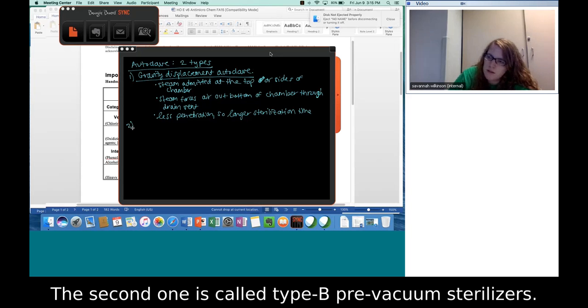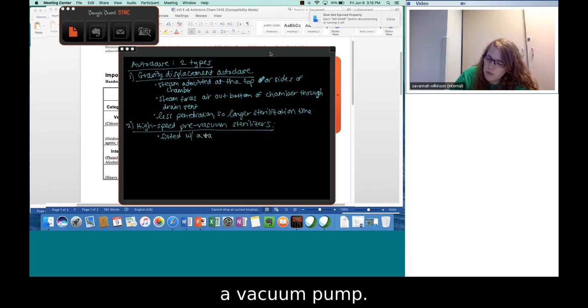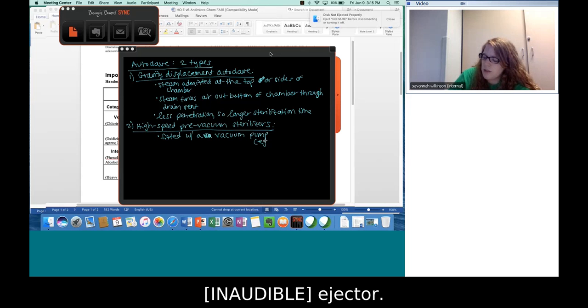The second one is called high-speed pre-vacuum sterilizers. They are fitted with a vacuum pump or ejector.